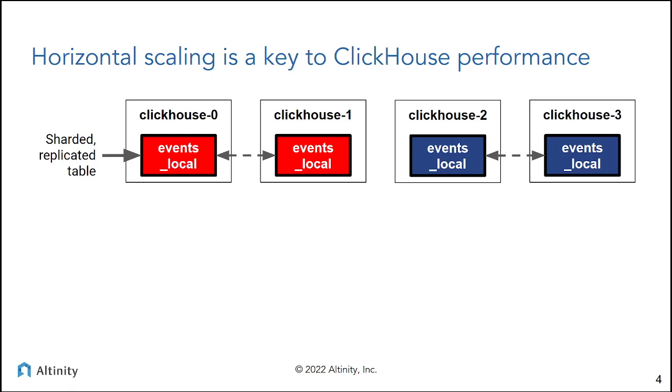What horizontal scaling means is that we spread out the data across many locations across the network. So we have replicated copies. For example, this is showing 4 ClickHouse servers. It's split into 2 shards, the red shard and the blue shard. And then within those shards, we have a couple of replicas, so a couple of copies of the data.